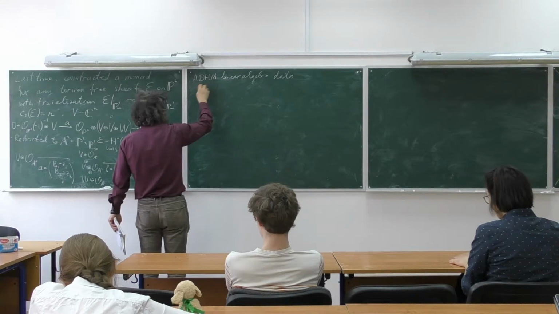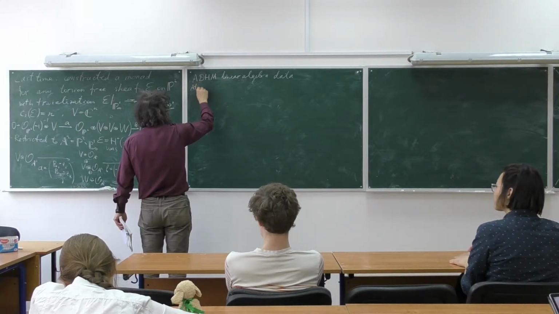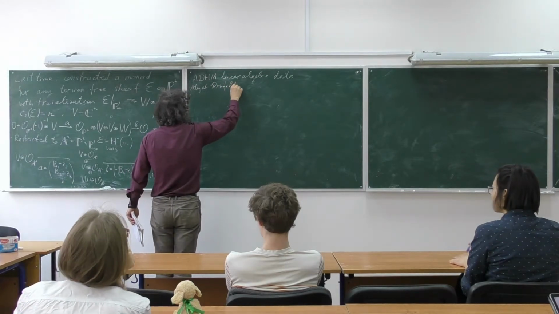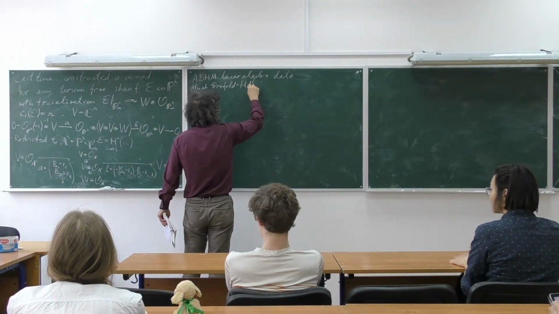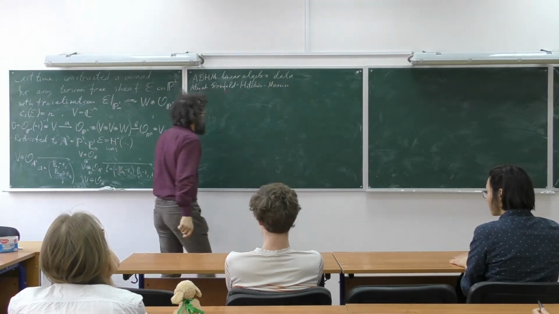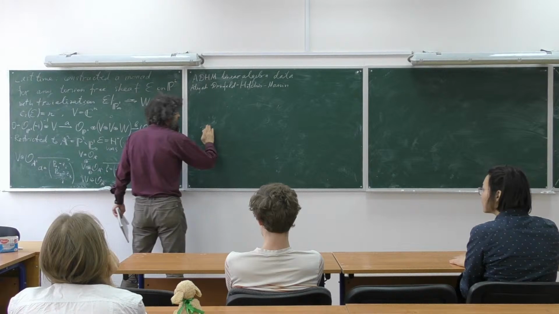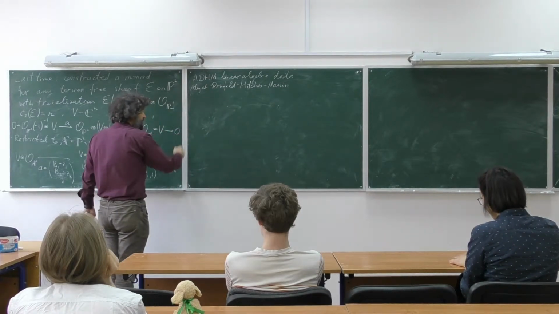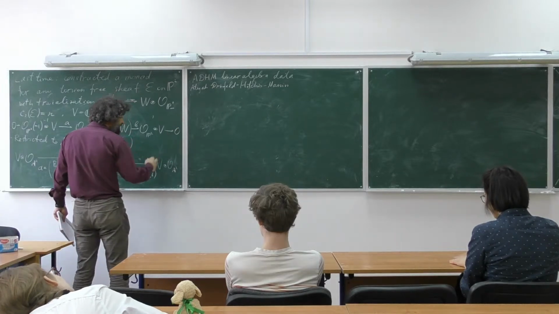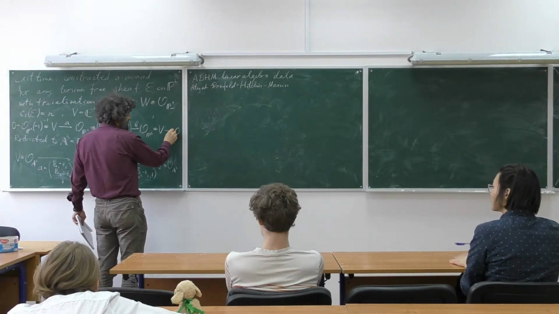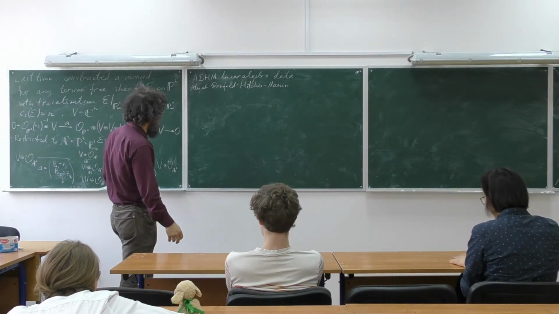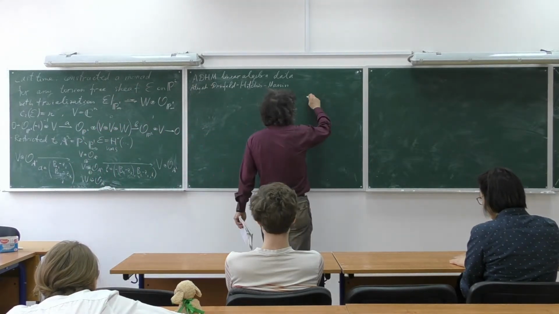And ADHM stands for Atiyah, Drinfeld, Hitchin, Manin. So those guys were solving some nonlinear mathematical physics equations, and the solutions are called instantons, and they found these linear algebra data.